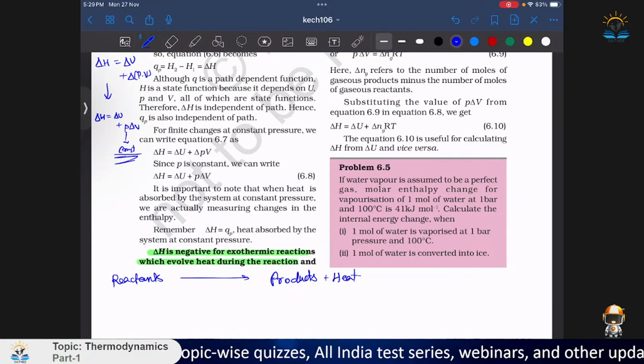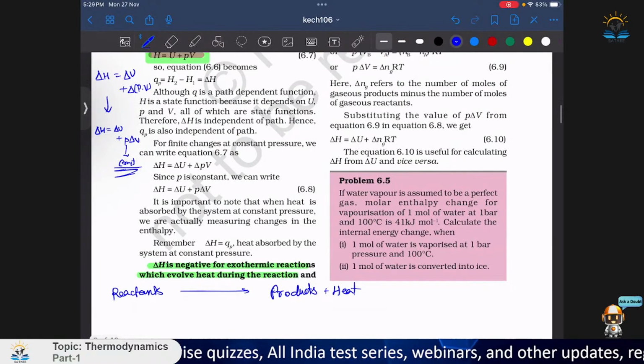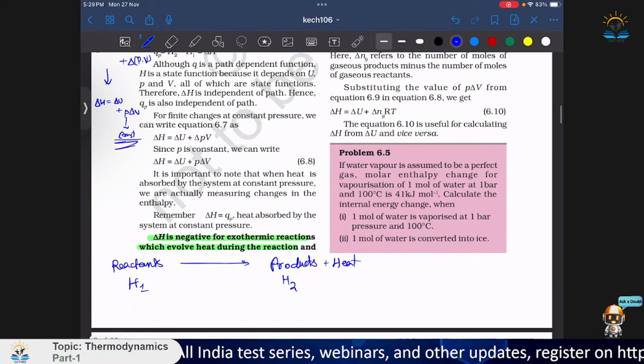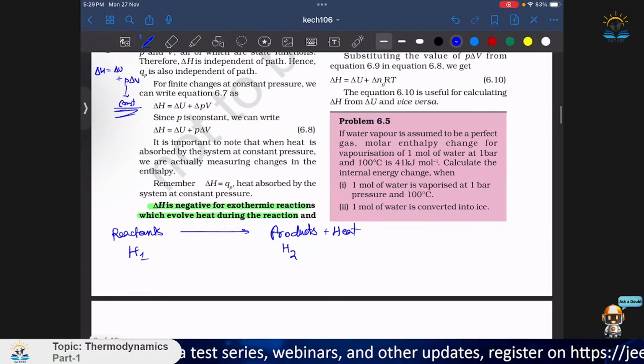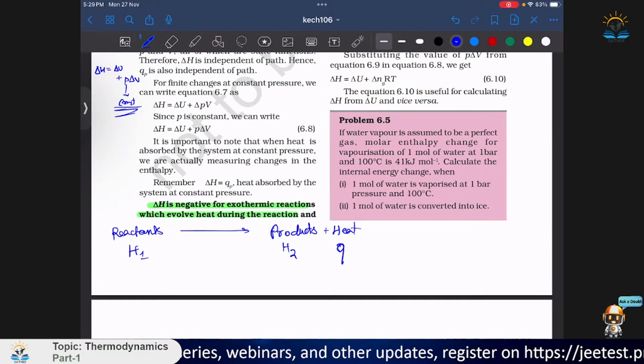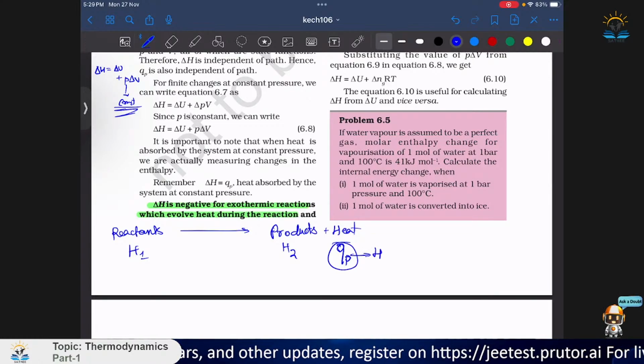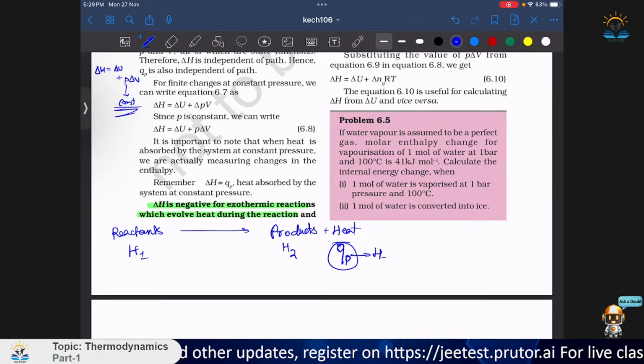So if the reactants have enthalpy H1 and the products have enthalpy H2, heat has also been released. All of this is at constant pressure, and we know that heat released under constant pressure is nothing but enthalpy. So we name this H3.